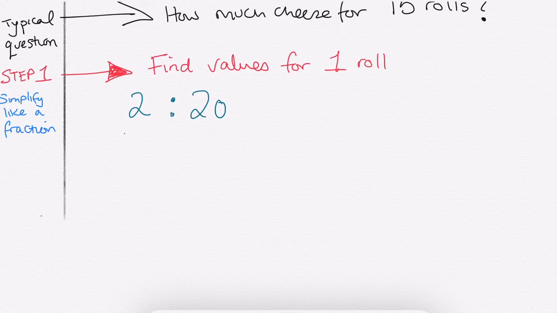I need to find a common factor. And in this case, it's the factor of 2. It's common because it's a factor that appears on both sides of that ratio.